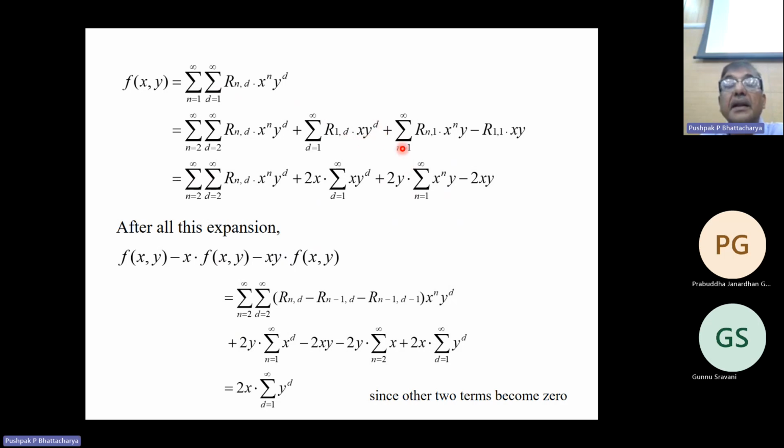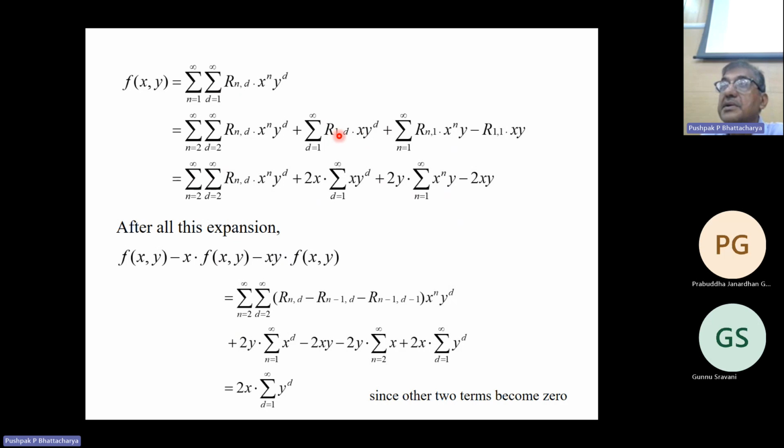And then plus the sum over n equal to 1 to infinity, R(n, 1) x^n y. Now R(1,1) xy gets counted twice, considered twice. So we subtract 1 R(1,1) xy to preserve the equality. Okay. And then we have the sum over n equal to 2 to infinity, d equal to 2 to infinity, R(n, d) x^n y^d.